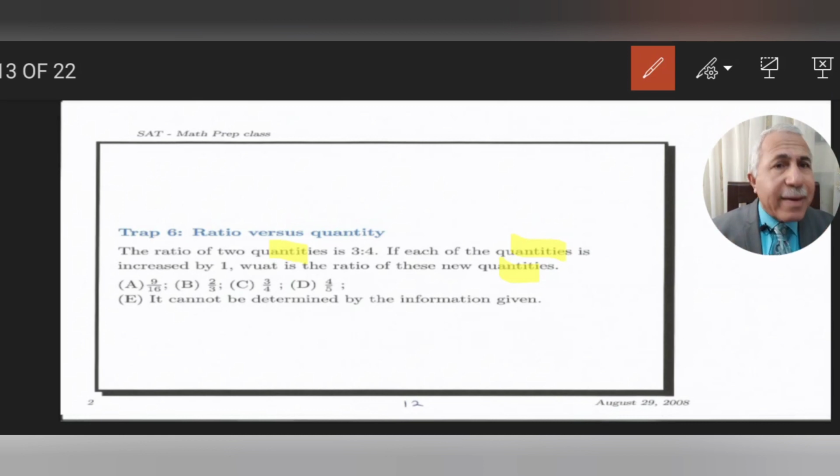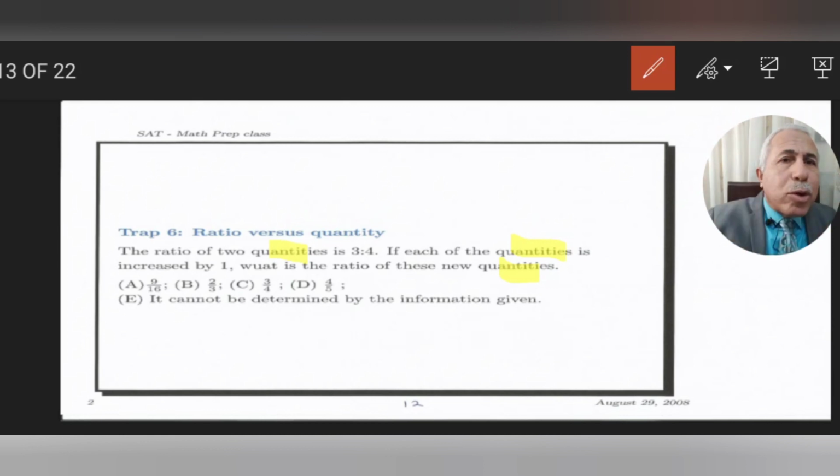But quantities, yes, I can add. 3 to 4 could be 9 to 12, multiplying both by 3, or multiply by 4 and it could be 12 to 16, any ratio. When I have 12 to 16, these are quantities now. Can I add and subtract from this? Yes, you can add and subtract to quantities.